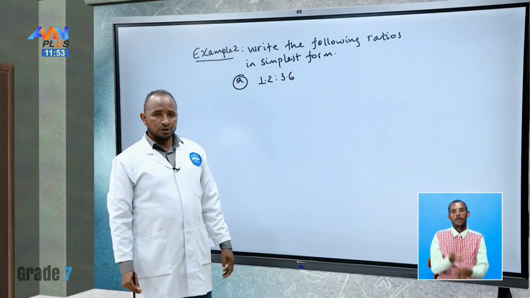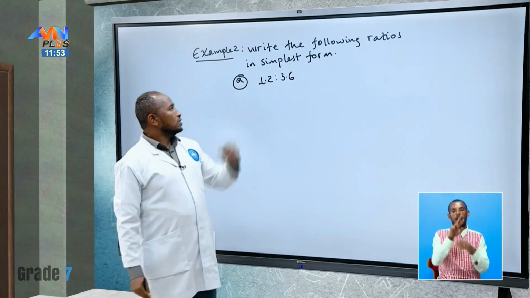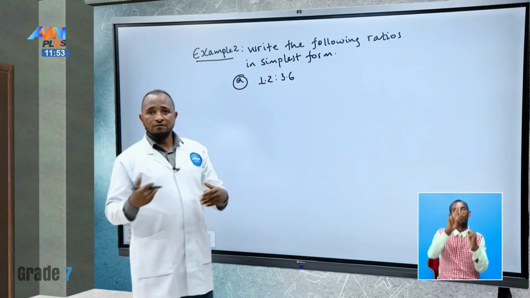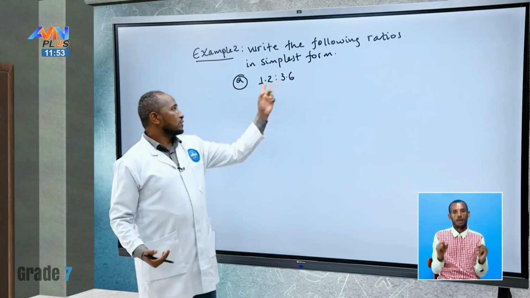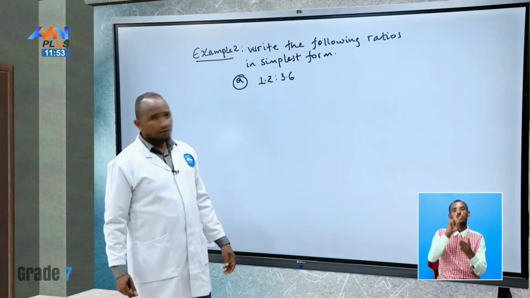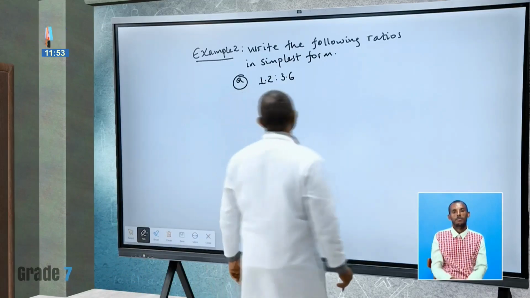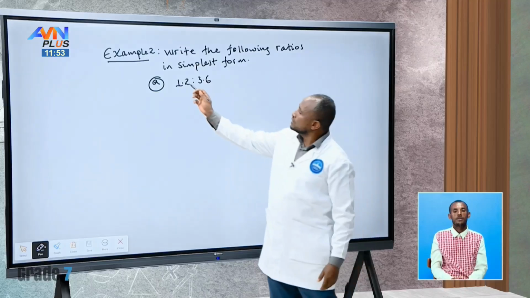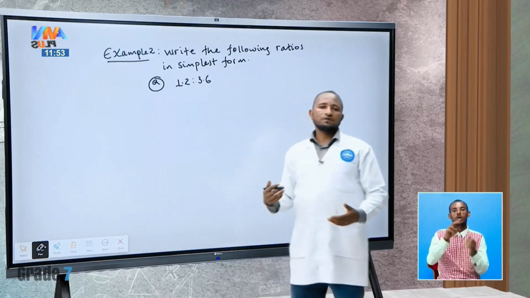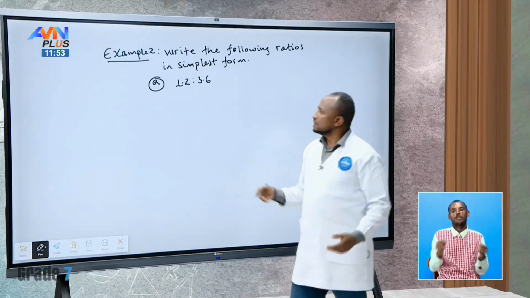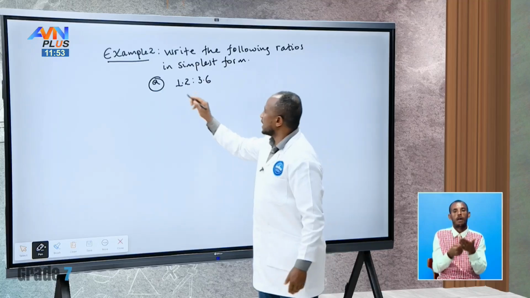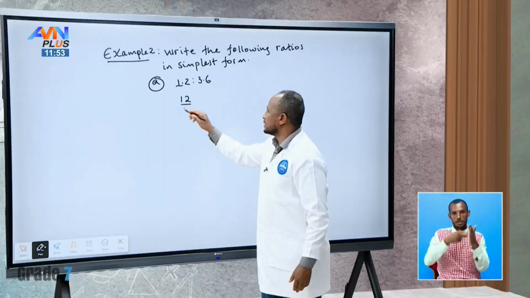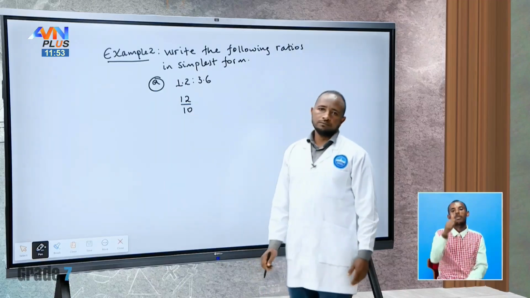So how do we simplify this ratio? Earlier, as we said, ratio means comparing two things by dividing. So we can compare these two by dividing. Here, 1.2 can be written in fraction form as 12 over 10.